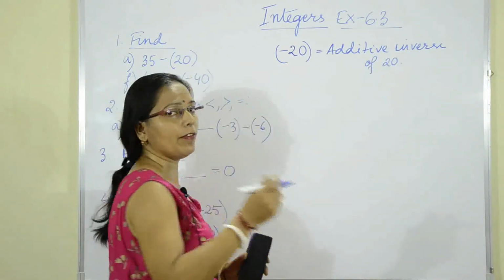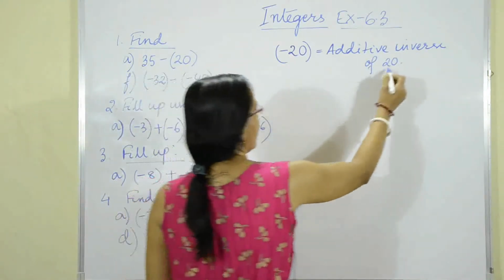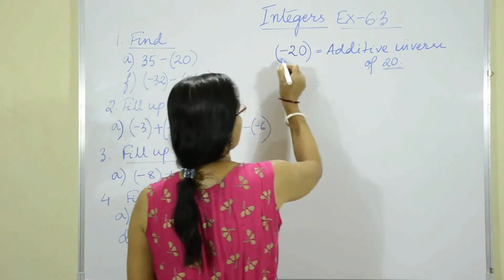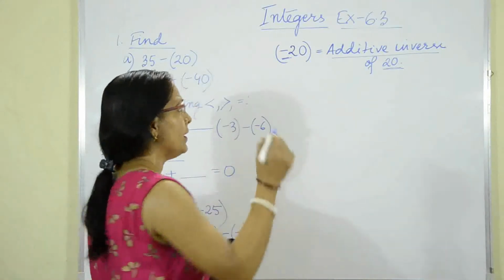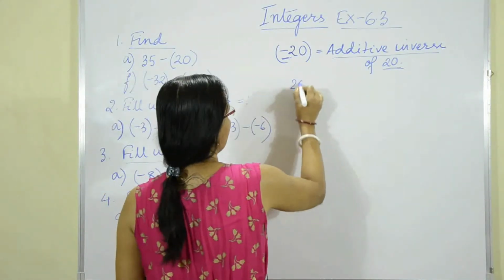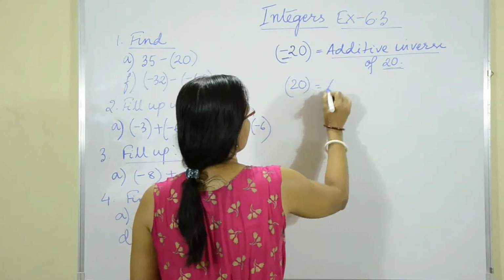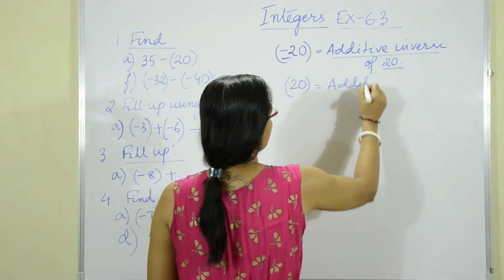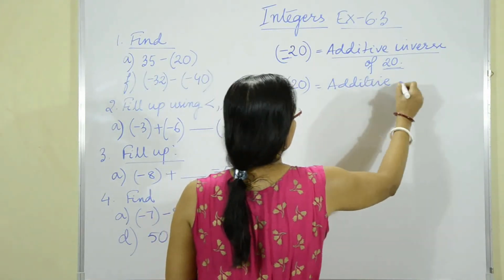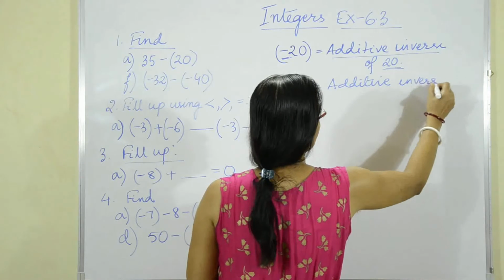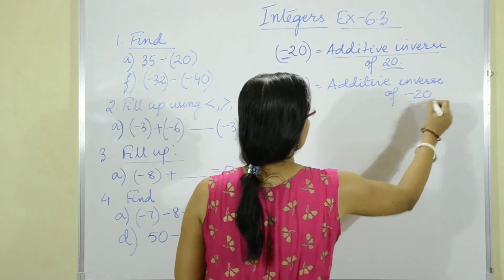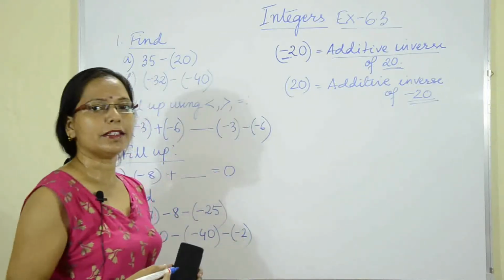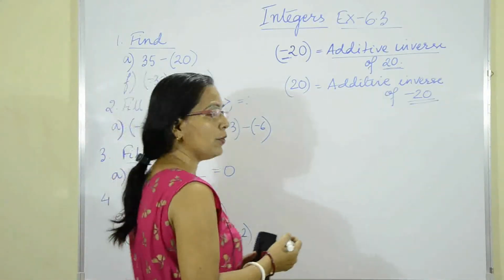So whenever we have a number, if you put a negative sign there, it becomes the additive inverse, and vice versa is the case. Means if I write 20, 20 is the additive inverse of minus 20. Now this is something that is new to you and you have to know this.